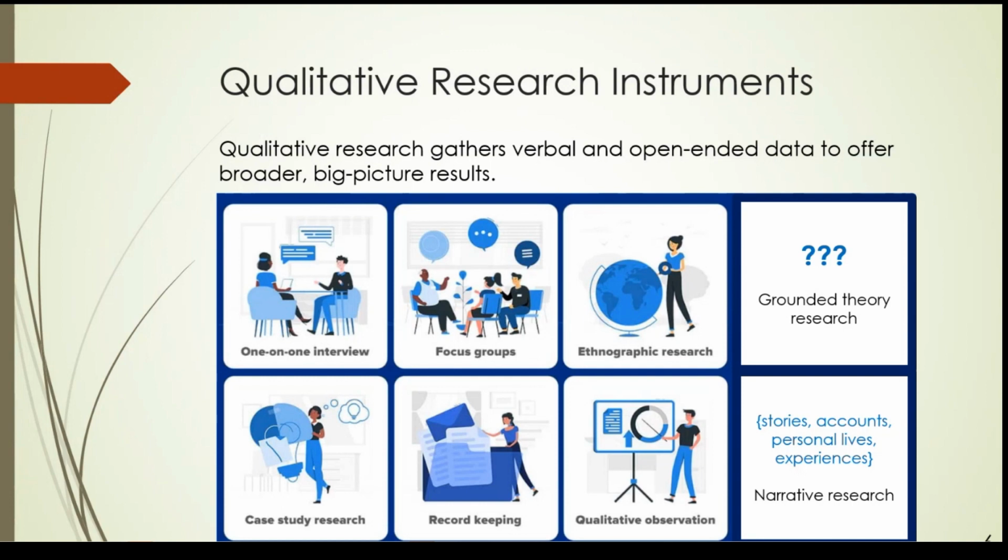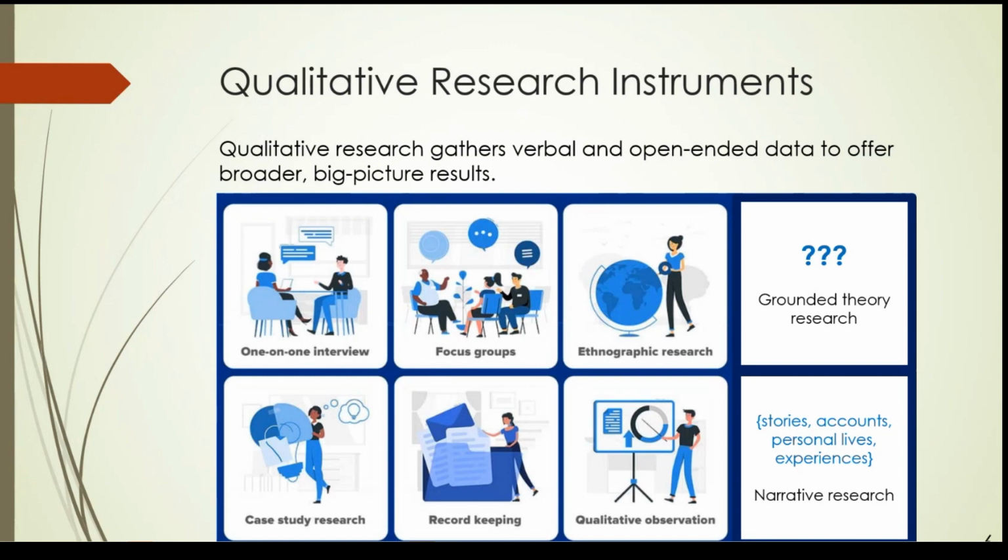The other one is grounded theory research. In grounded theory research, you look for the explanation. You dig deep to find out why. Why does this thing happen? You're not just doing a descriptive or exploratory study. A descriptive study is like, what happened, but you're looking for why it happened that way.